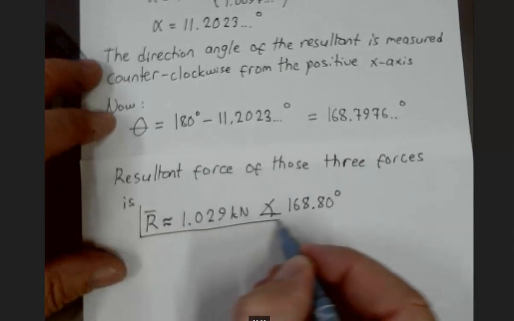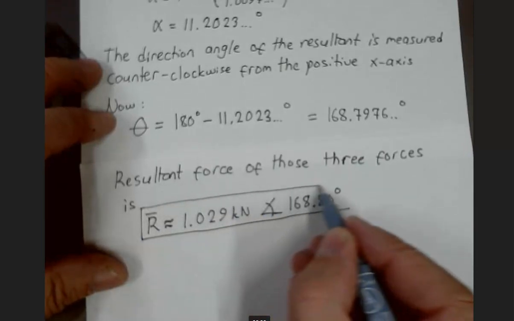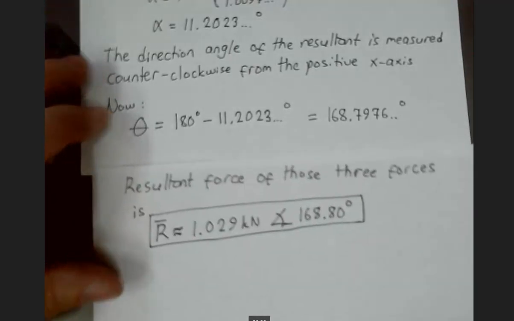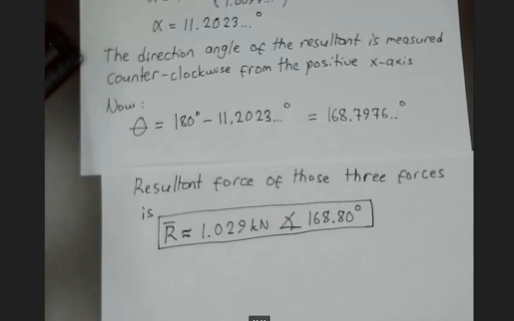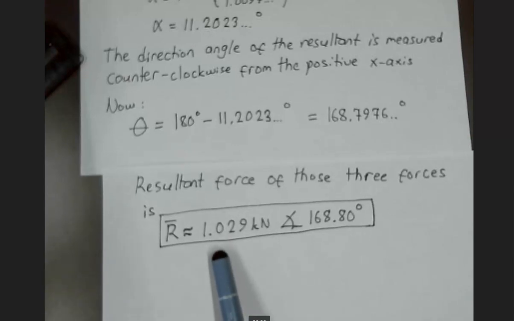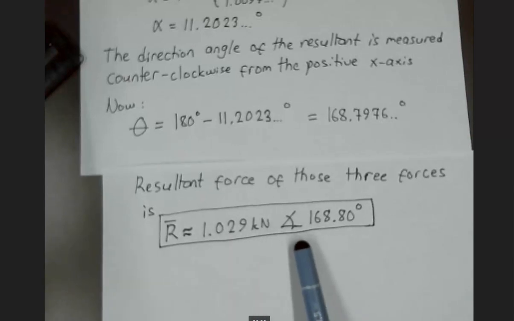So this would be our final answer. This tells us exactly what is the resultant force. It has a magnitude of about 1 kilonewton, and it points to this direction, which you can measure from the positive x-axis.